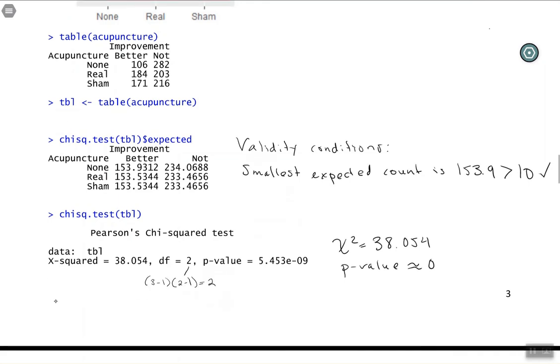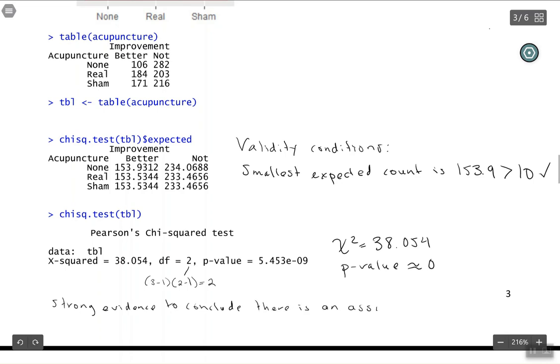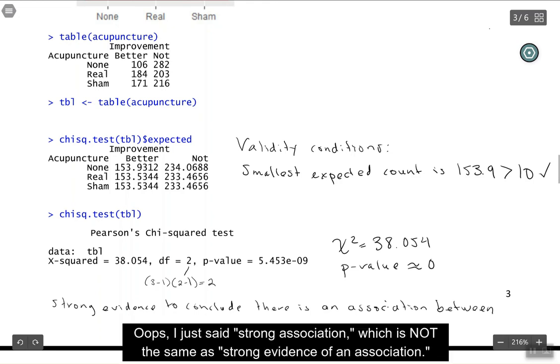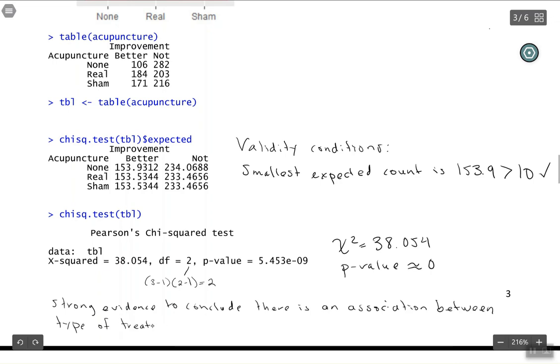So that small p-value means that I have strong evidence to conclude that there is an association between the type of treatment, so what kind of acupuncture you got, or whether you got non-acupuncture treatment, strong association between the type of treatment and improvement.